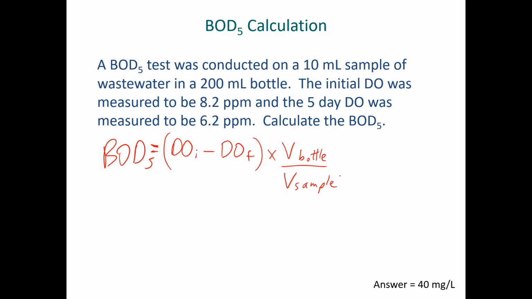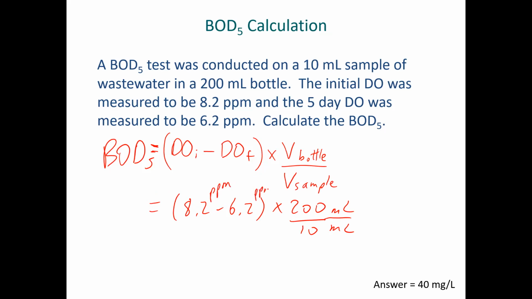This is, like I said, just a bit of crunching the numbers. So if we look at the numbers, we have 8.2 minus 6.2, times 200, divided by 10 mL. In this case the milliliters and milliliters will cancel out, and the units are parts per million.